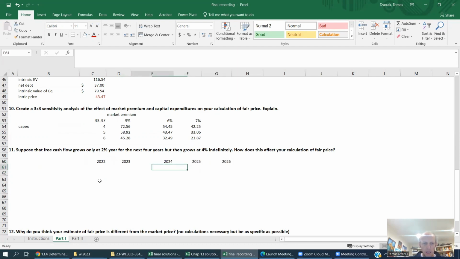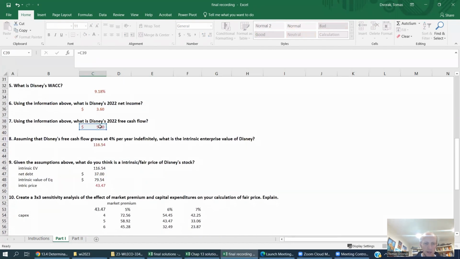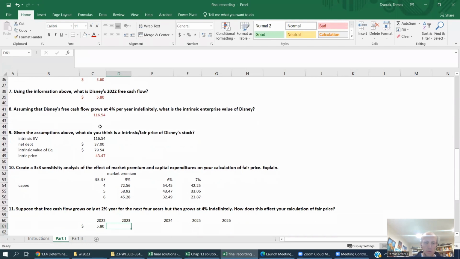Control R. And the free cash flow that we start with in 2022 is this guy here. We're going to grow it at, and actually, let me make that a formula. Okay, so I'll say first 4 years, I'll make that 0.02, let's turn it into a percentage. That's fantastic.